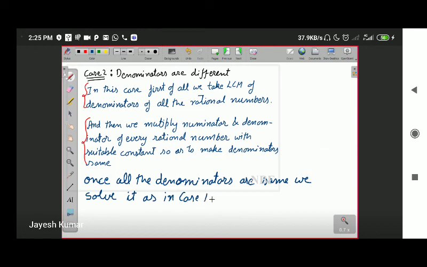Once we get all the denominators same, it is nothing but the type of question in case one. So we solve it as we were solving in case one. Okay, so you write all this down, and after that we will move on to the question.